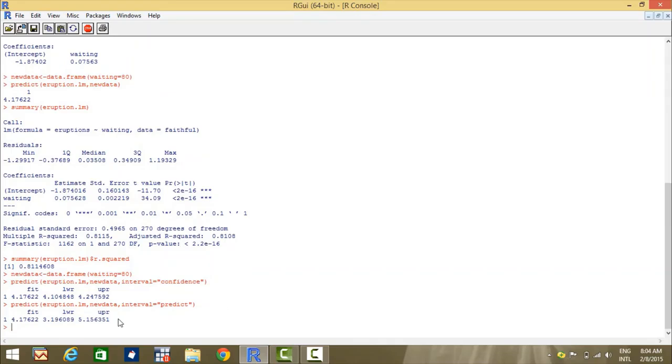So this gives me the fitted values and the lower and the upper bounds for the prediction interval given that the waiting time is 80. So this means that for the case when the waiting time is 80 minutes, the 95% prediction interval for the eruption, which is the dependent variable, is 4.17, and the lower and the upper bounds are 3.19 and 5.15 respectively.